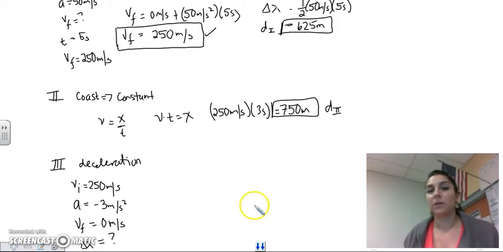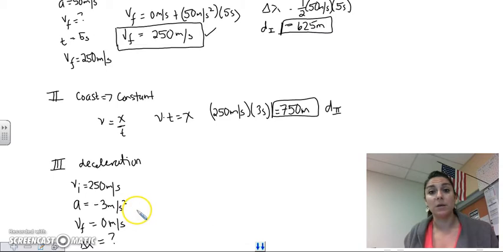That's something that you'll have to get comfortable with, making logical assumptions to replace the missing numbers with numbers you can use. Taking a look at this, I hope you'll realize that this will be the appropriate kinematic equation to use to solve for this, because notice that we have the final and initial velocity and the acceleration, and we're looking for that piece right there.